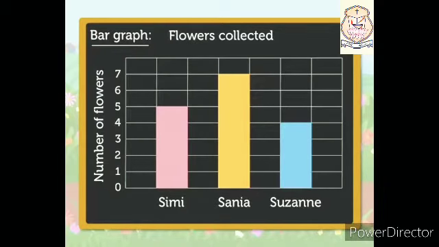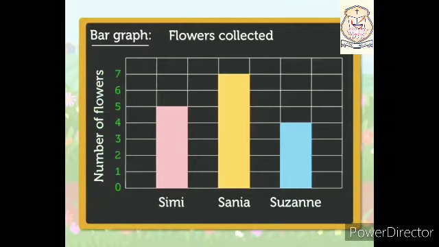Now, let's see how we can read this bar graph of the flower farm example. The title, Flowers Collected, tells us the bar graph is about the number of flowers collected. The labels give us the information that the data is about who collected the flowers and how many.